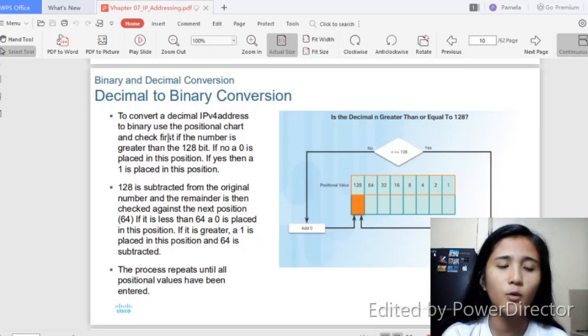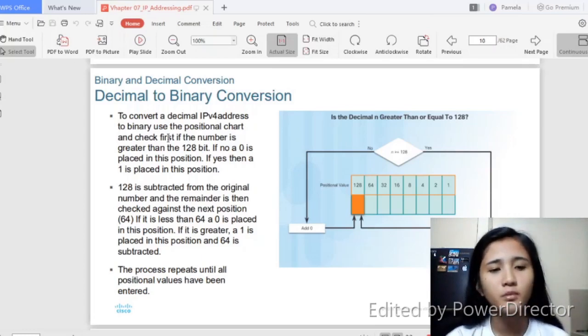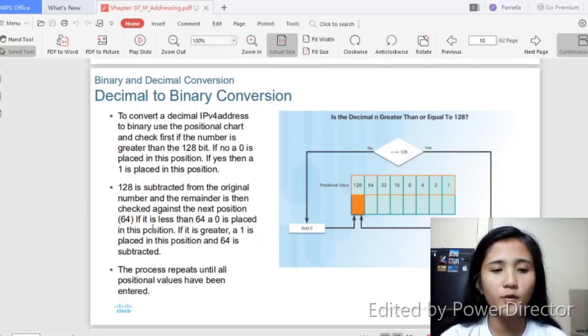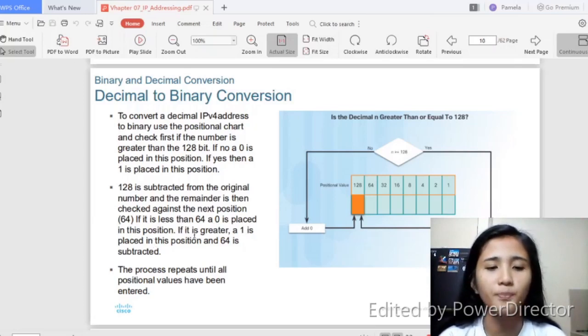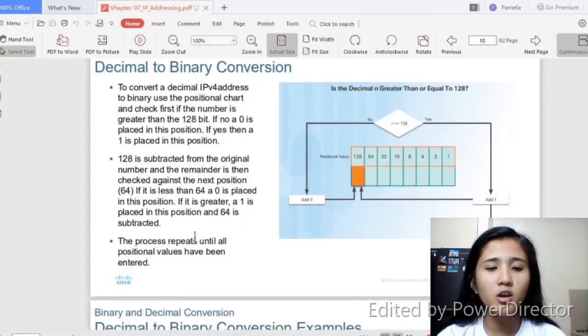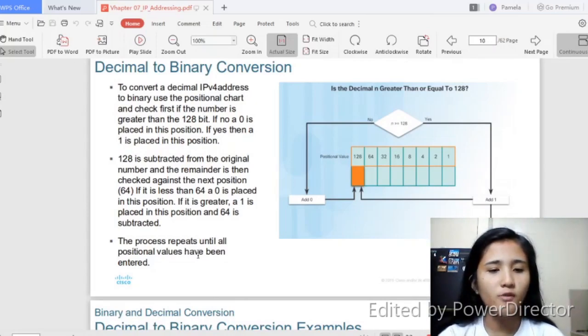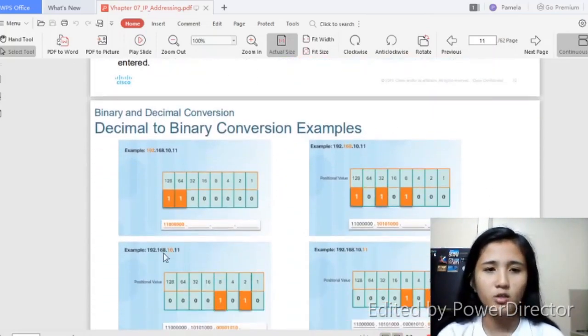If yes, then a 1 is placed in the position, 128 is subtracted from the original number, and the remainder is then checked against the position 64. If it is less than 64, a 0 is placed in this position. If it is greater, a 1 is placed in the position and 64 is subtracted. This repeats until all positional values have been entered. So these are examples of the decimal to binary conversion.